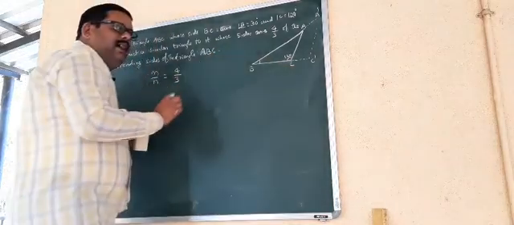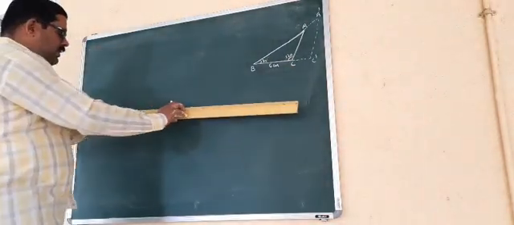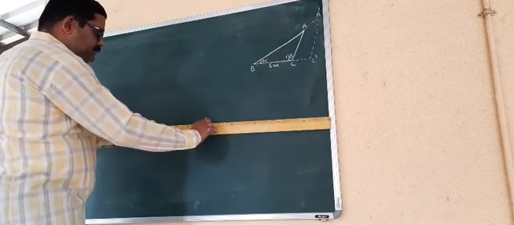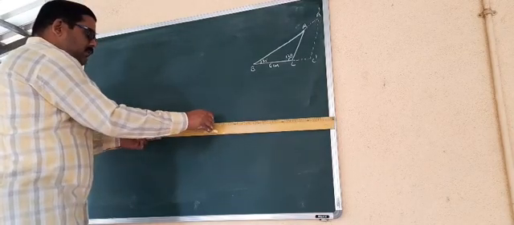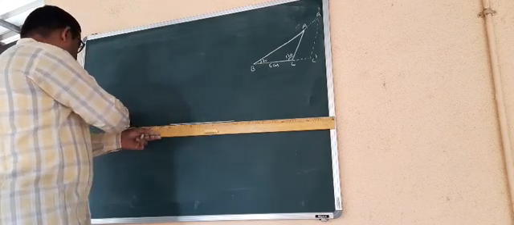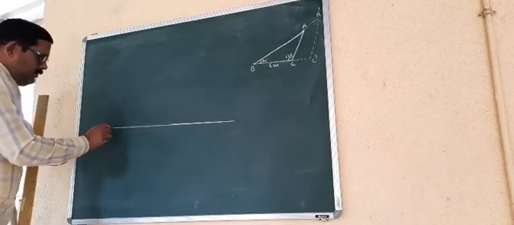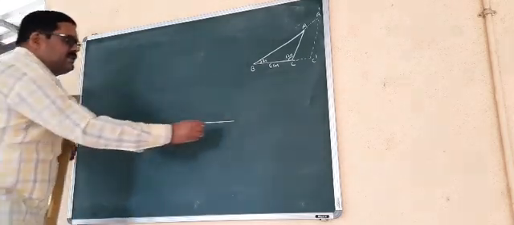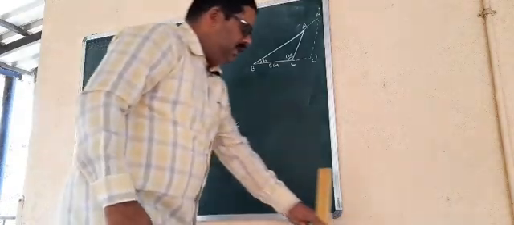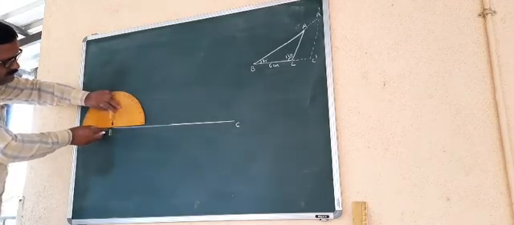So, now draw a line BC with 6 centimeter length. So, this is of 6 centimeter length. So, here we have point B and C. So, at point B we have to mark 30 degree.